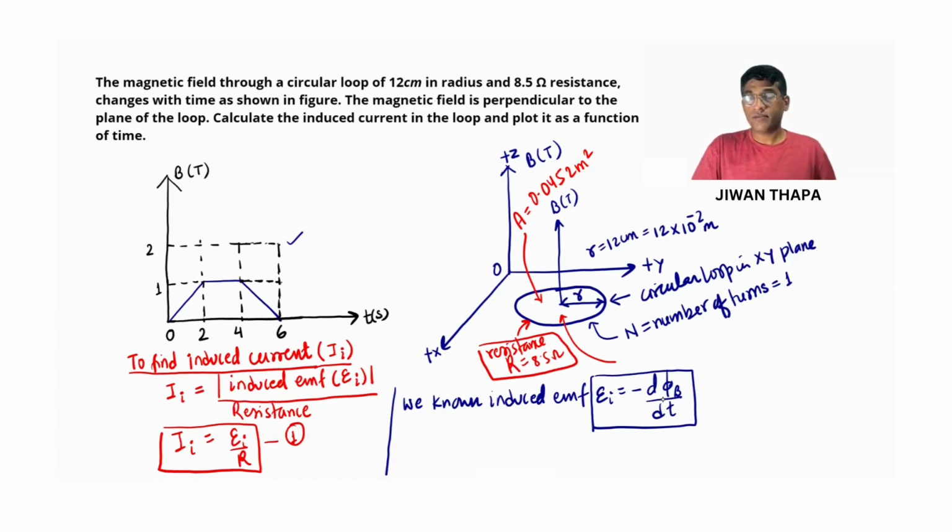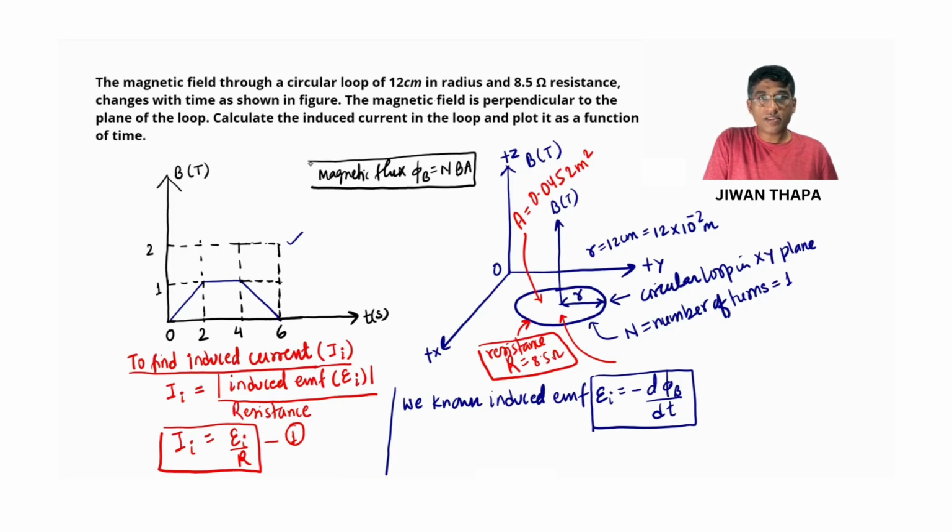Now we know magnetic flux phi_B equals n B A, in magnitude.